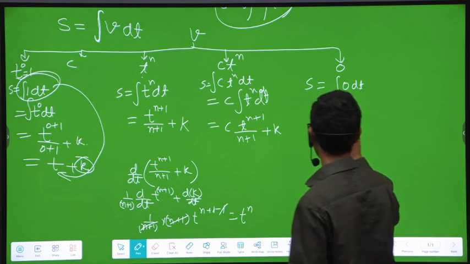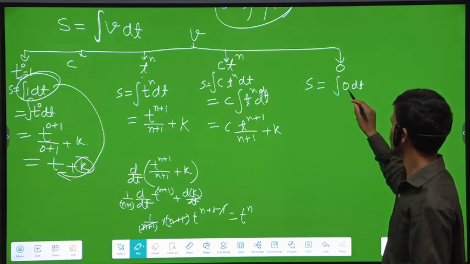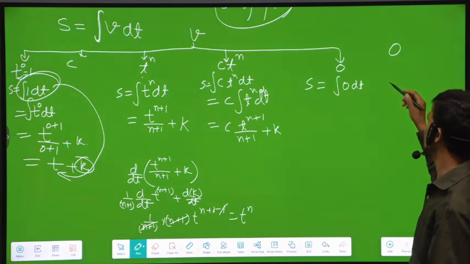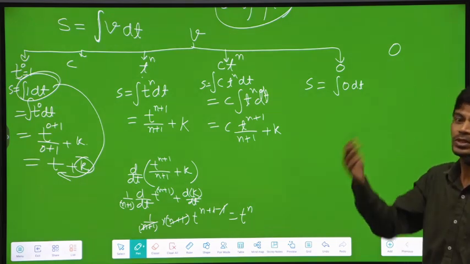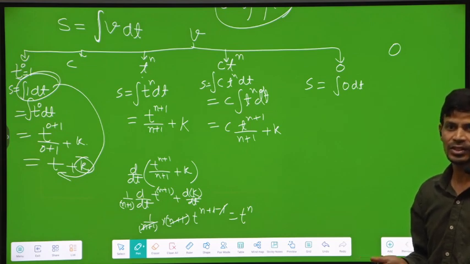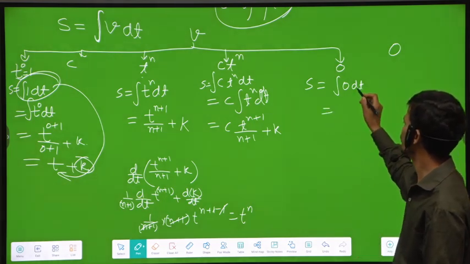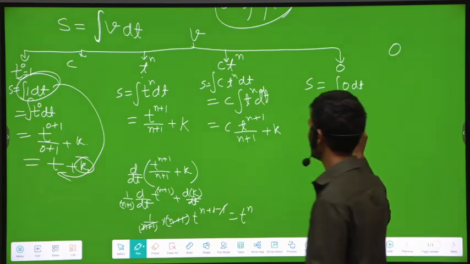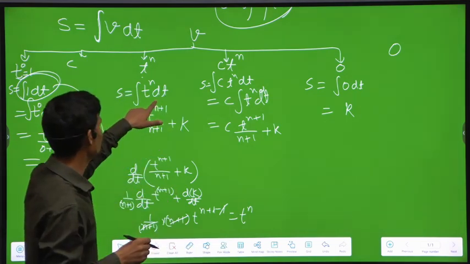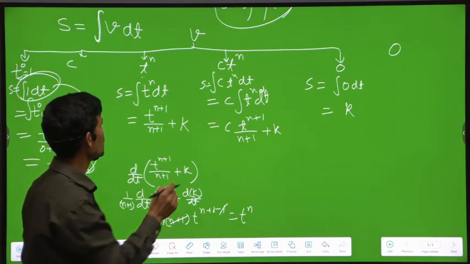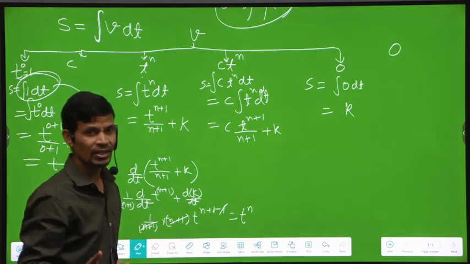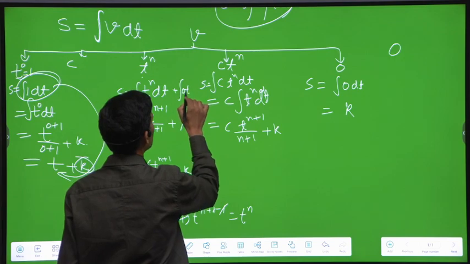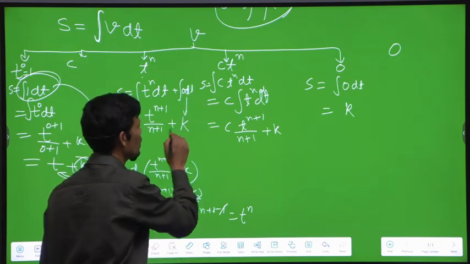So in the same way, this 0 has come from some kind of differentiation. So whose differentiation is 0? The differentiation of a constant. So it means integration of 0 is a constant. And that is why each time we are integrating something, inevitably we are also integrating 0, and that 0 is always bringing us some constant.